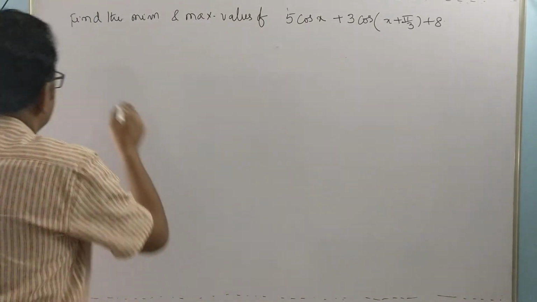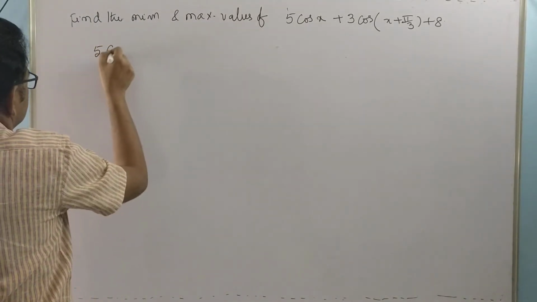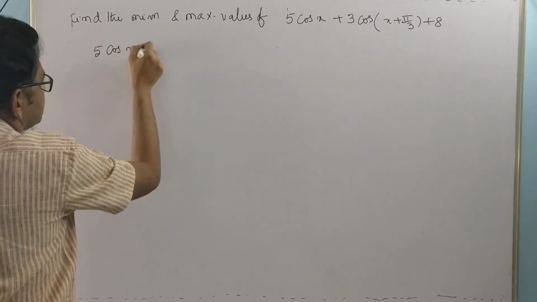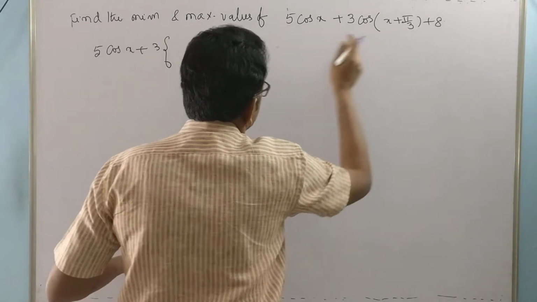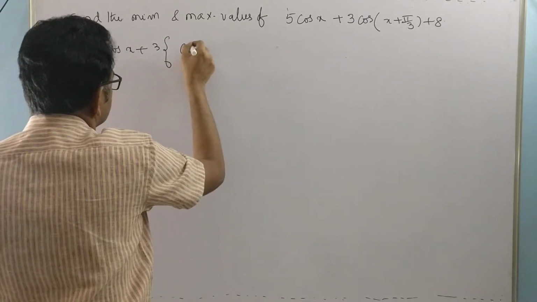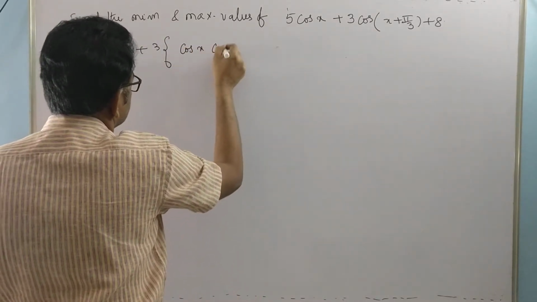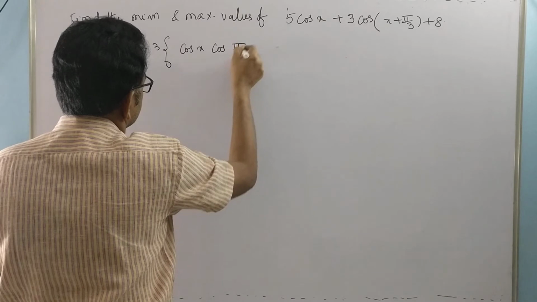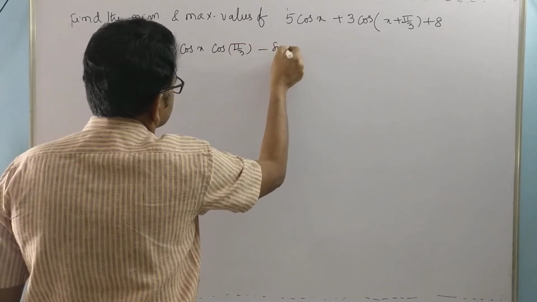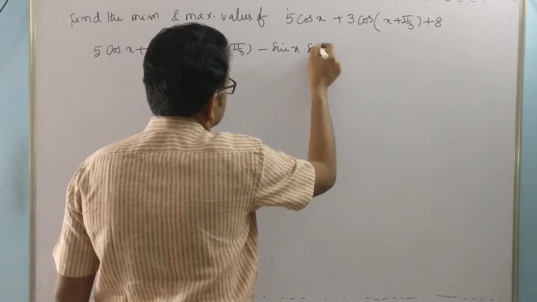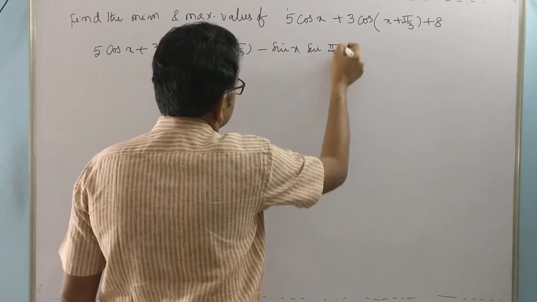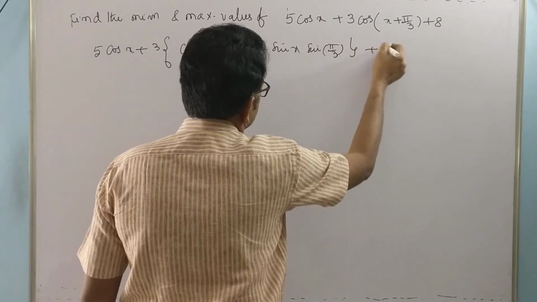Now this is 5 cos x plus 3 into, cos of (a minus b) is cos a cos b minus sin a sin b, so cos x cos pi by 3 minus sin x sin pi by 3, plus 8.